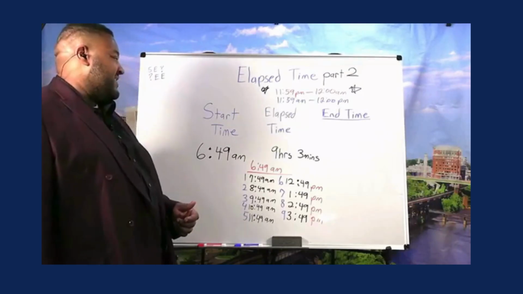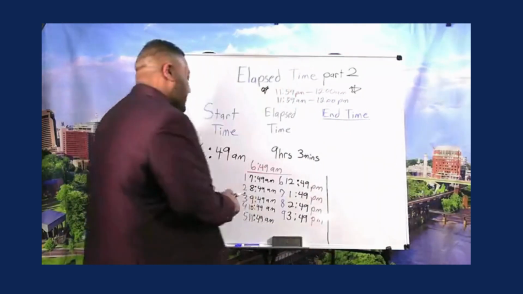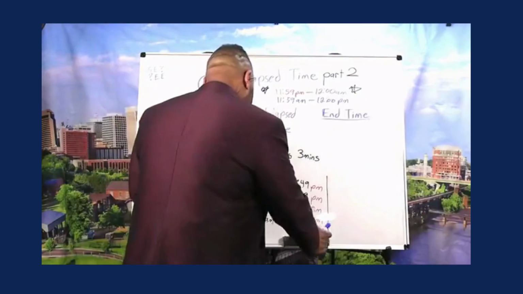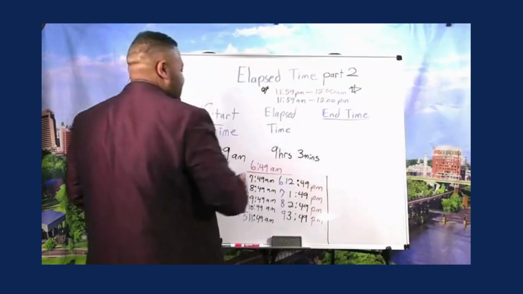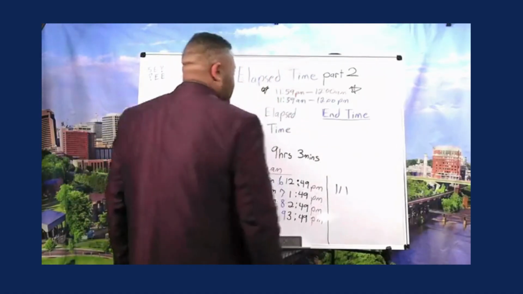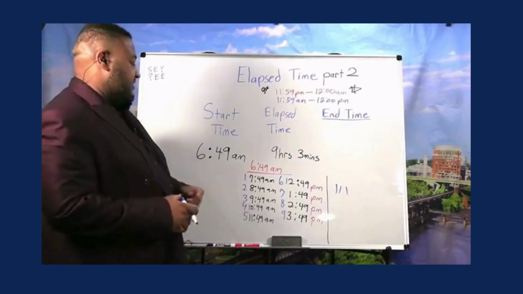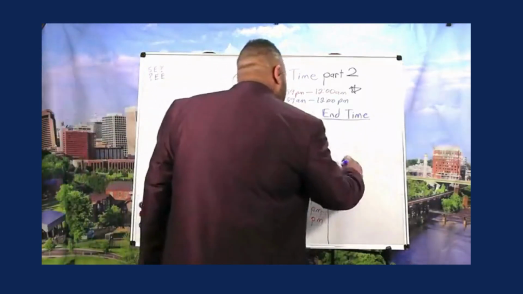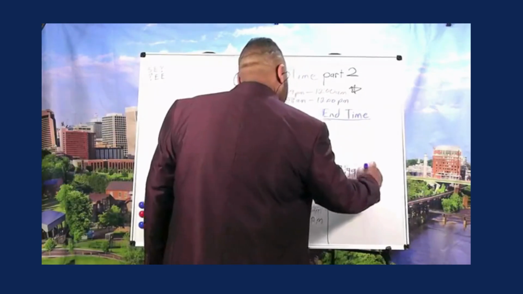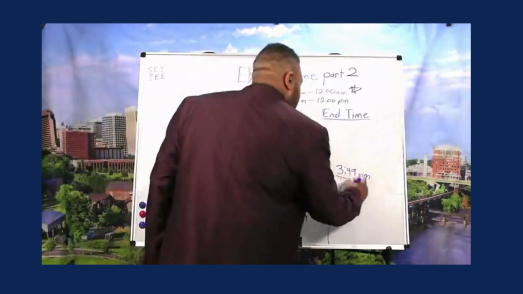Now, am I done? No, because now I have to put in 3 minutes. What do you mean 3 minutes, Mr. Jones? Because that's what it is. It's 9 hours and 3 minutes. How do you do 3 minutes? 1, 2, 3. What time did we finish off with? 3:49 p.m. So I'm just going to count 3 after that.